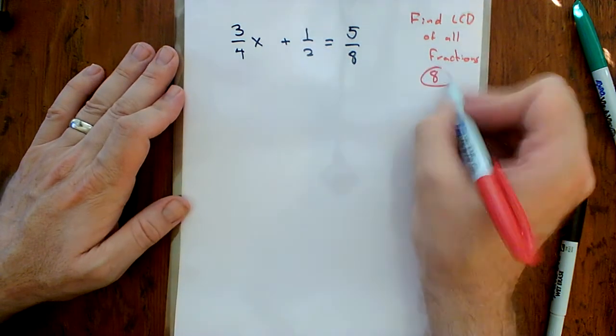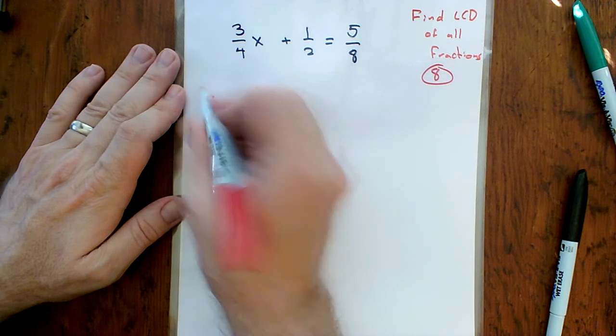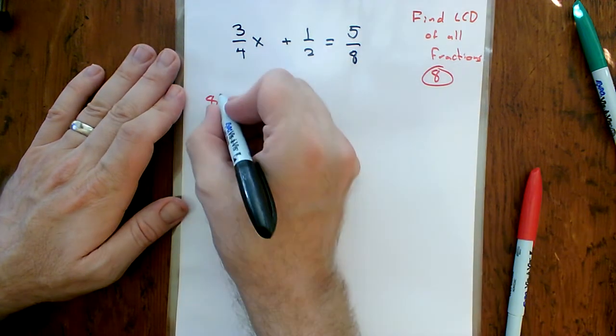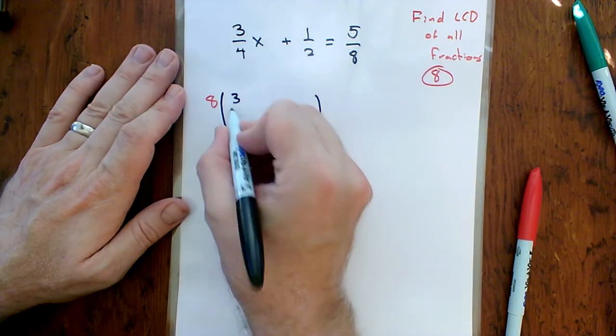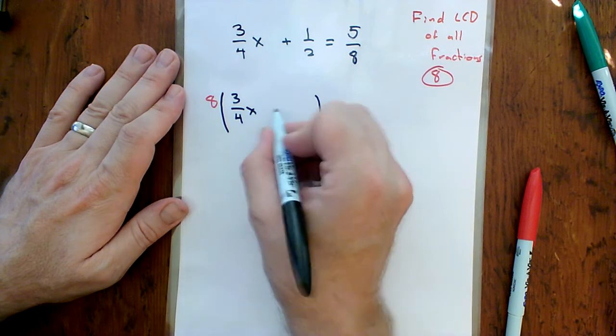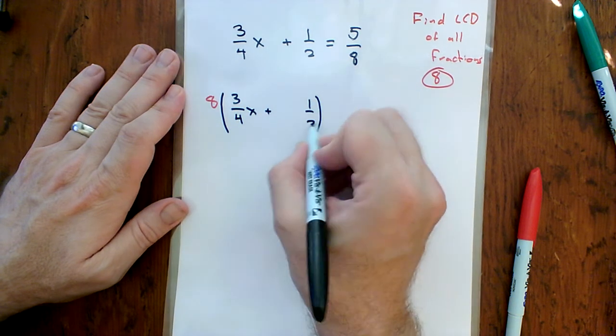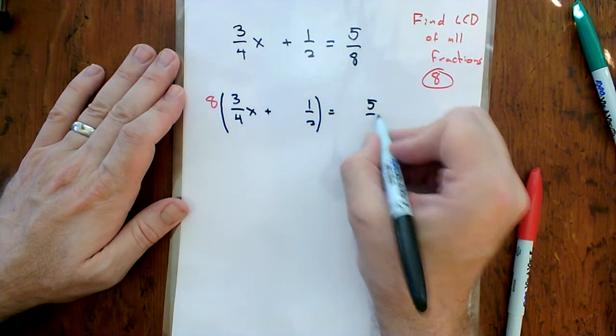So what's going to happen now is I multiply both sides of this equation by 8, and something really cool happens. I've got 3/4 x plus my 1/2 is equal to that 5/8.